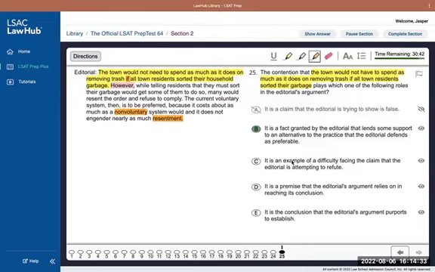C, it's an example of a difficulty facing the claim that the editorial is attempting to refute. I don't believe so. It's not really an example of a difficulty. It's actually just a conditional relationship. D, it's a premise the editorial's argument relies on in reaching its conclusion.